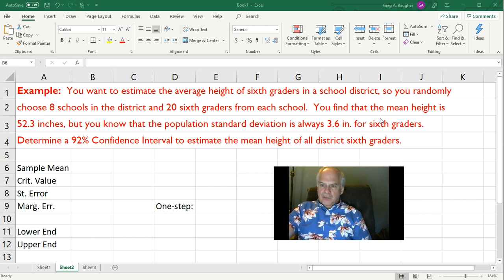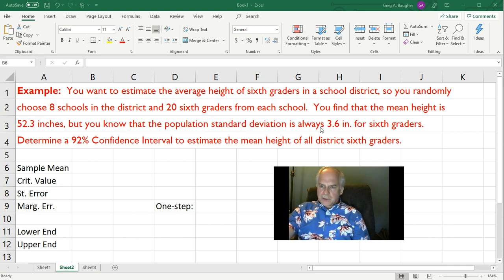You find that the mean height of those 6th graders is 52.3 inches. But you know from past experience that the population standard deviation is always 3.6 inches for 6th graders. So determine a 92% confidence interval to estimate the mean height of all district 6th graders.